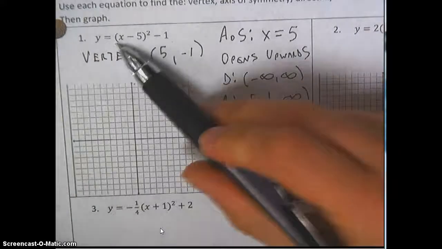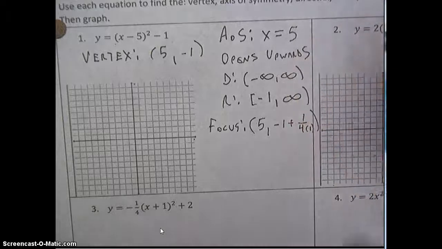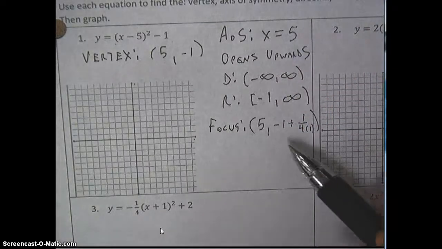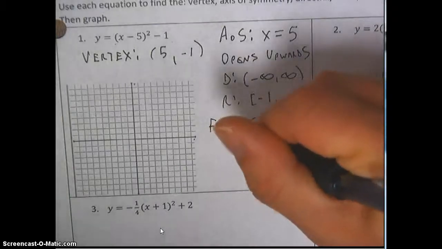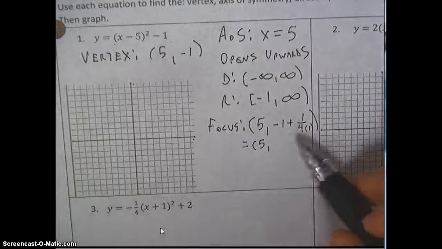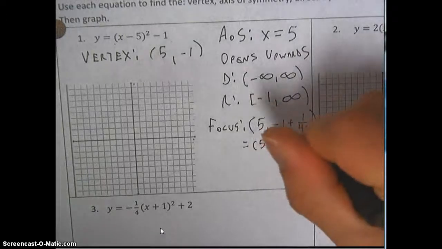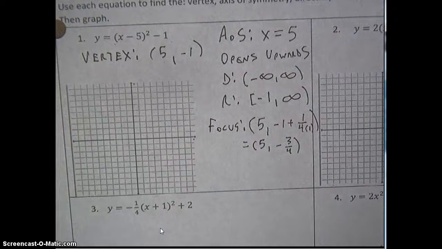The a is just the number in front here, so that's 1. So 1 over 4 times 1 is just 1 over 4. So this is negative 1 plus 1/4. So that equals 5 comma, negative 1 plus 1/4 is negative 3 over 4, or it's 0.75 if you prefer.